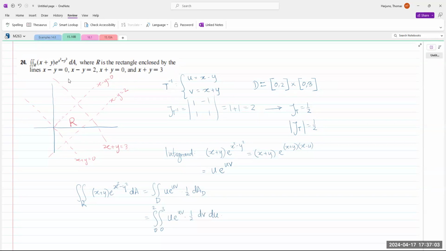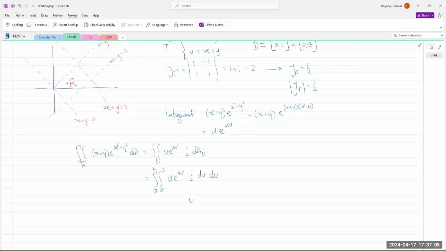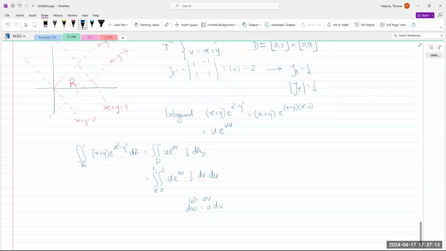Okay, now we need to do some substitution. That's w equals u phi, so dw equals u d phi, right? Notice that this is our u d phi. And w for phi equals 0 is 0. w for phi equals 3 is 3u.